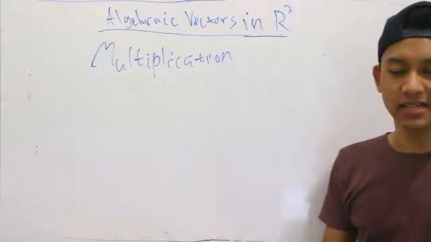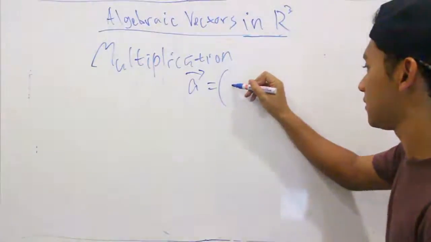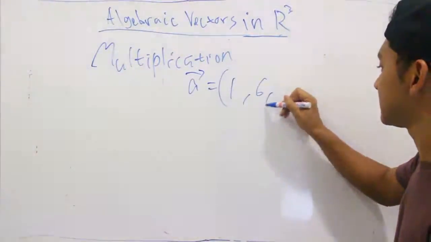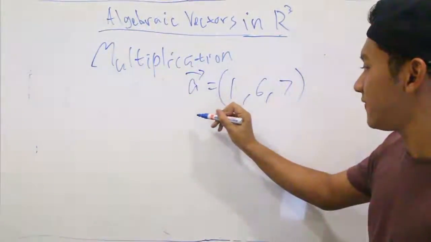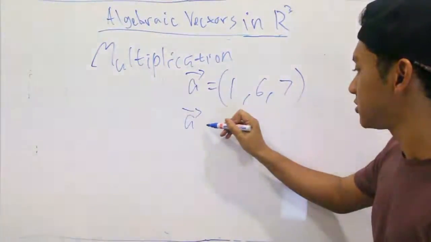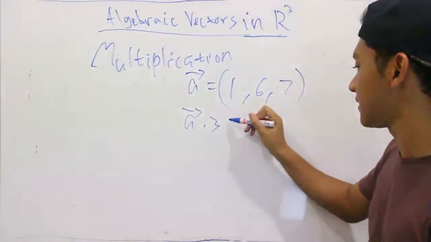Let's say we got vector A of 1, 6, and 7. And we want to multiply vector A by a scalar of 3.